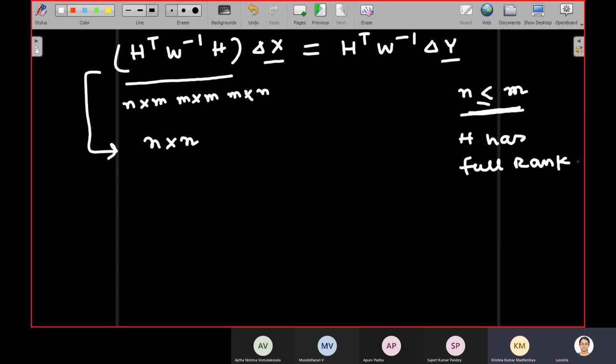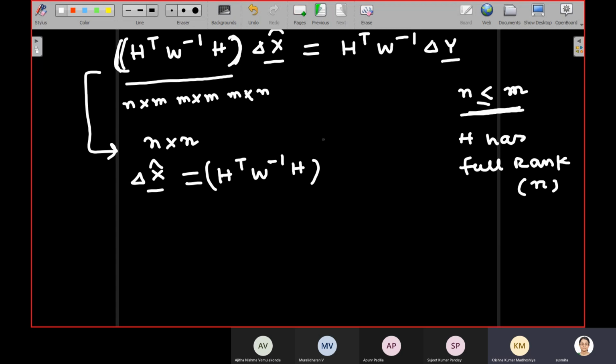Okay. So when H has full rank, it means since N is less than M, the rank of H has to be N. Okay. When this is satisfied, we have the inverse of this n cross n matrix. Okay, and then we can find. So don't think that H transpose W inverse H always has an inverse.